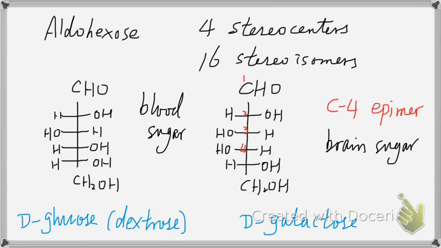Epimer means there is only one chiral center that's different, and the rest of the chiral centers will be the same. So D-galactose and D-glucose will differ by the chiral center on carbon 4 only. Galactose is also called the brain sugar, and the galactose is also half of the lactose.